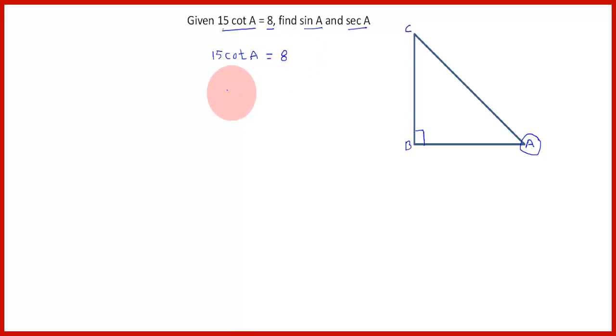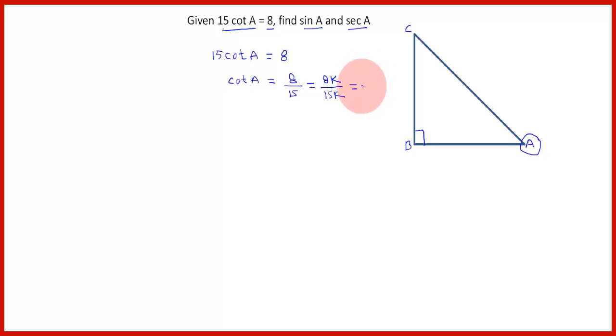So this can be written as cot A is equal to 8 by 15. Since 8 by 15 is in its simplest form, it means the common factor from the numerator and denominator is cancelled out, and let that common factor be k, so it will be 8k by 15k.